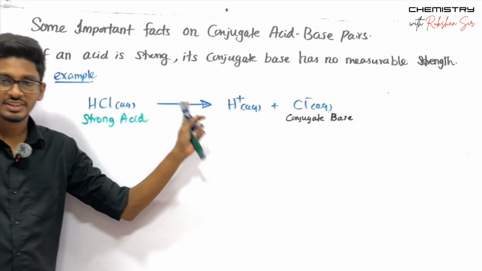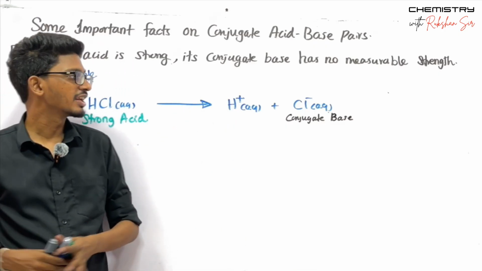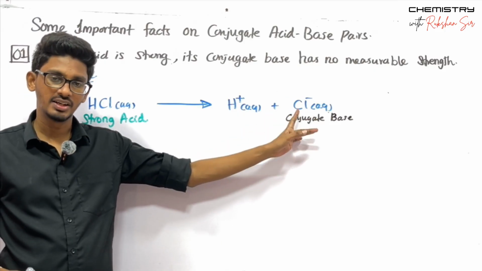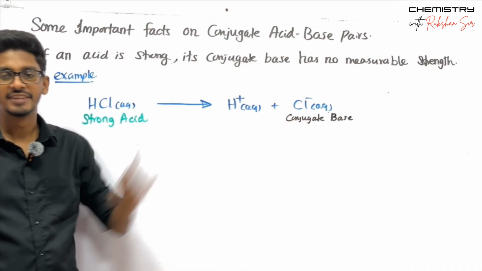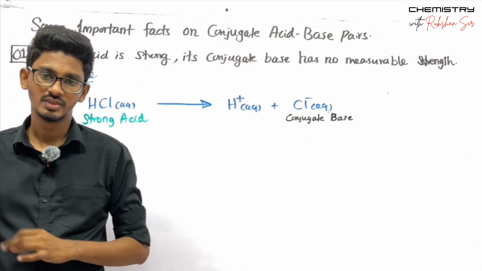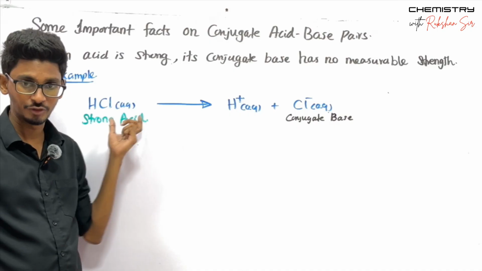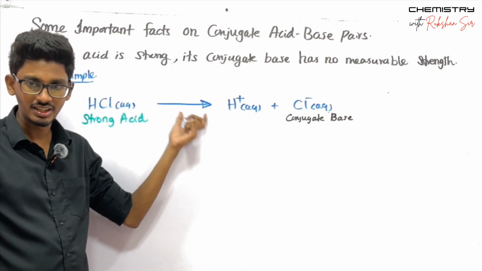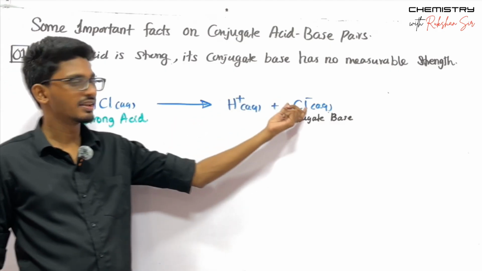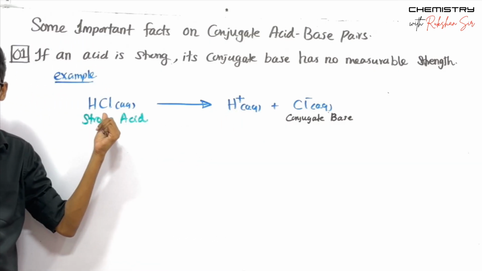With this reaction itself, it is very clear that Cl minus will never accept an H plus to produce HCl again. As it's a strong acid, we write a straight arrow reaction. Why?